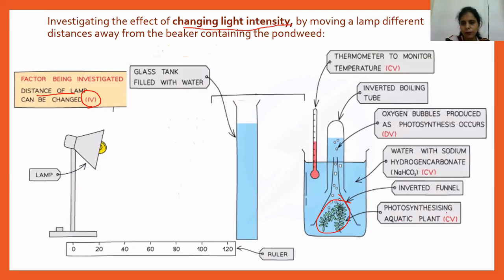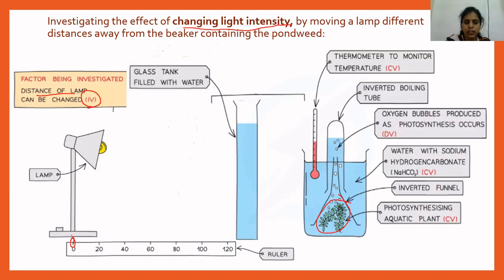Fine. Then the photosynthesizing aquatic plant, that is the number of plants used in taking every reading. So here you can see two plants are used. The number of plants used or the type of plant used in taking all the readings should be the same. What do I mean by all the readings? Right now the table lamp is kept at, you can see here on the ruler, 0 centimeter.